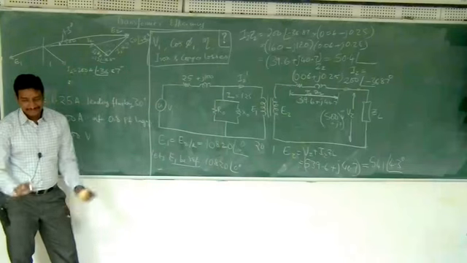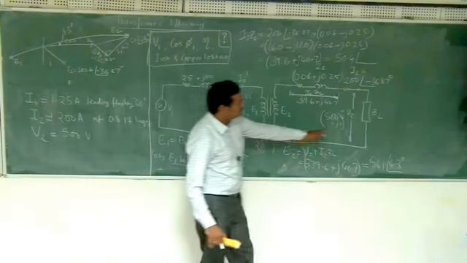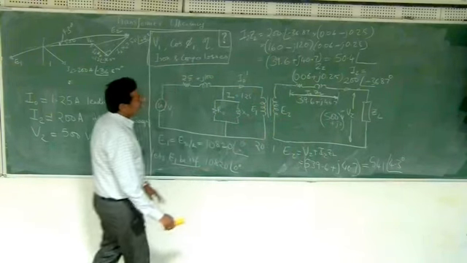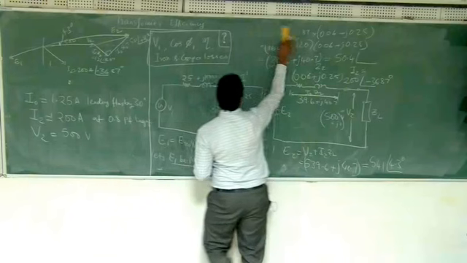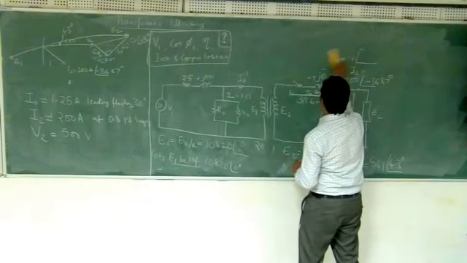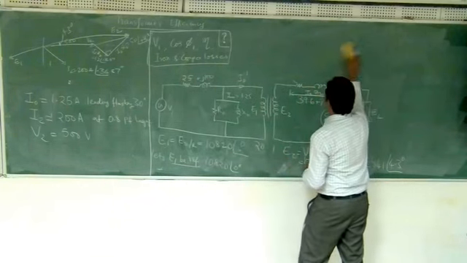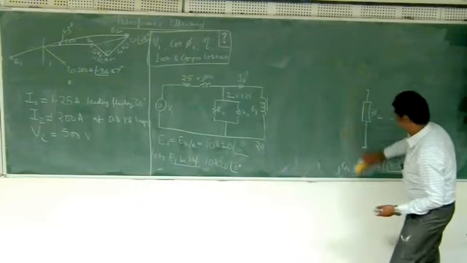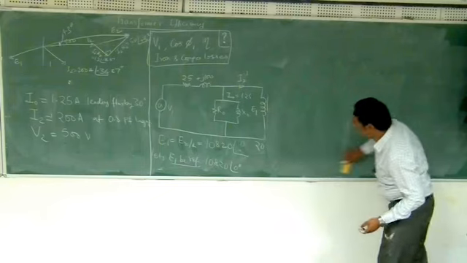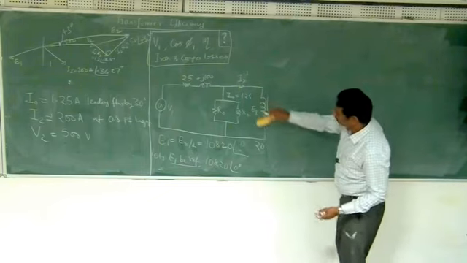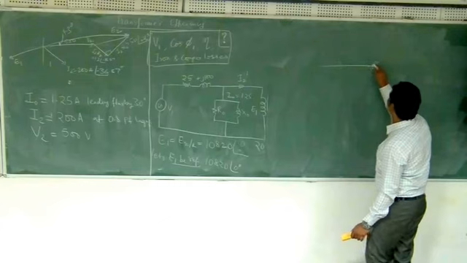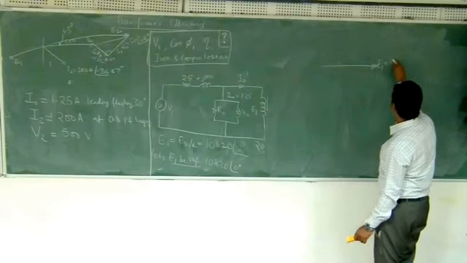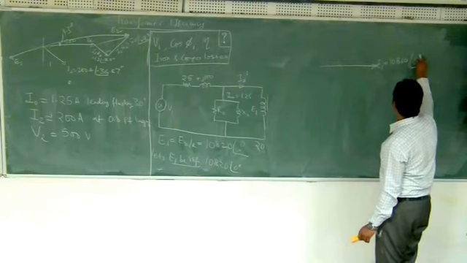Earlier V2 was the reference, now E1 becomes the reference. So what will be the diagram? In fact, I can now take out all this part, since we have utilized all this information. We have to solve this part of the circuit now. So this is E1, with magnitude 10820 and angle 0 degrees.